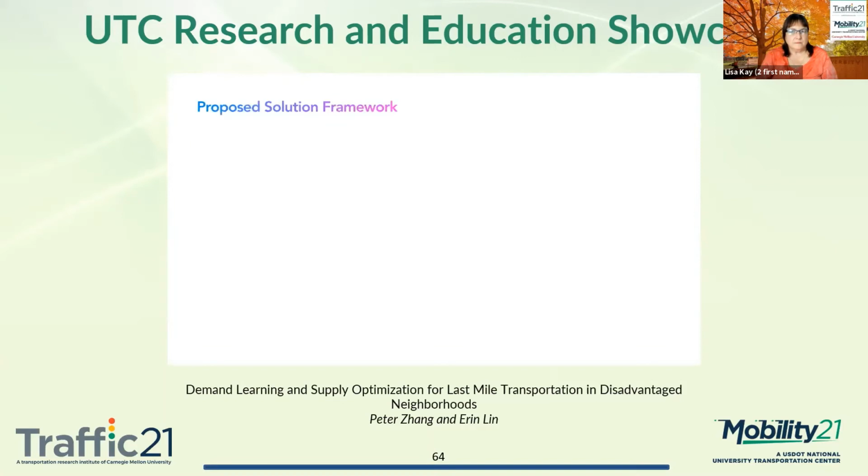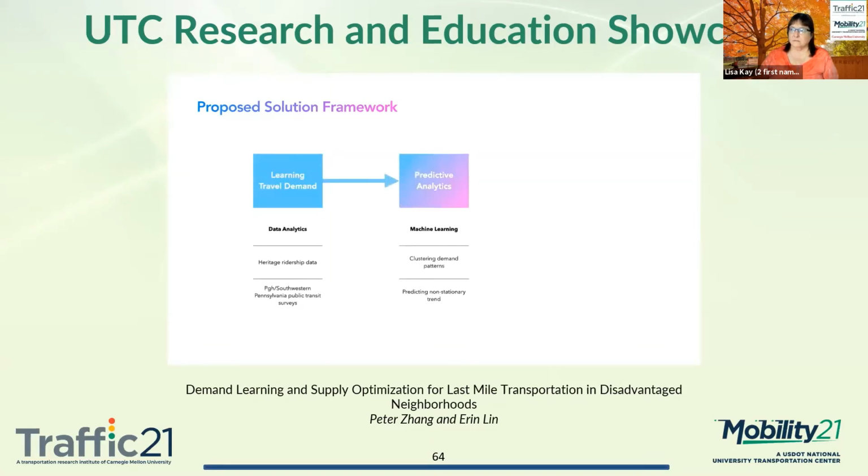There will be 3 phases in our proposed plan. The first is demand learning, where we would design and distribute surveys and analyze the ridership data to understand future demand for this service. Once understanding the various components and patterns of demand, we will move on to the predictive analytics phase, where we would use various machine learning techniques to further understand the potential uncertainty and therefore predict non-stationary trend.